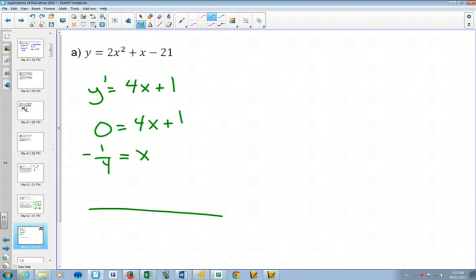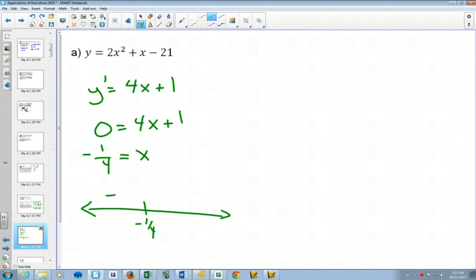If we put that stationary point on a number line, and we think about values before that and values after that. If I choose a number less than negative 1/4, say negative 10, and I plug that into my derivative, can you see that I'm going to get a negative answer?